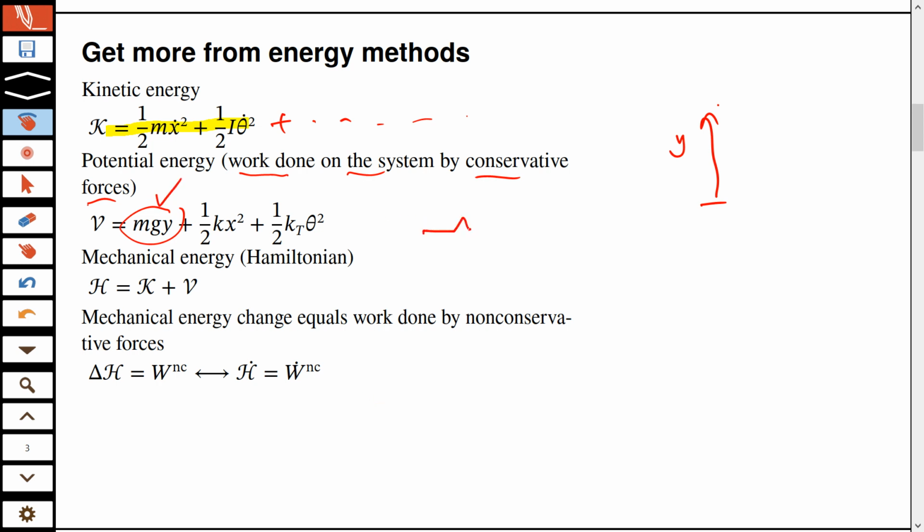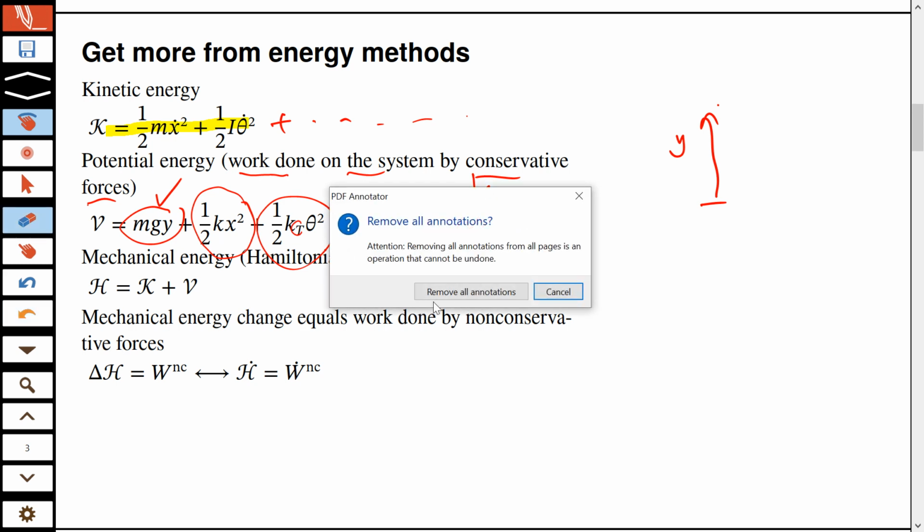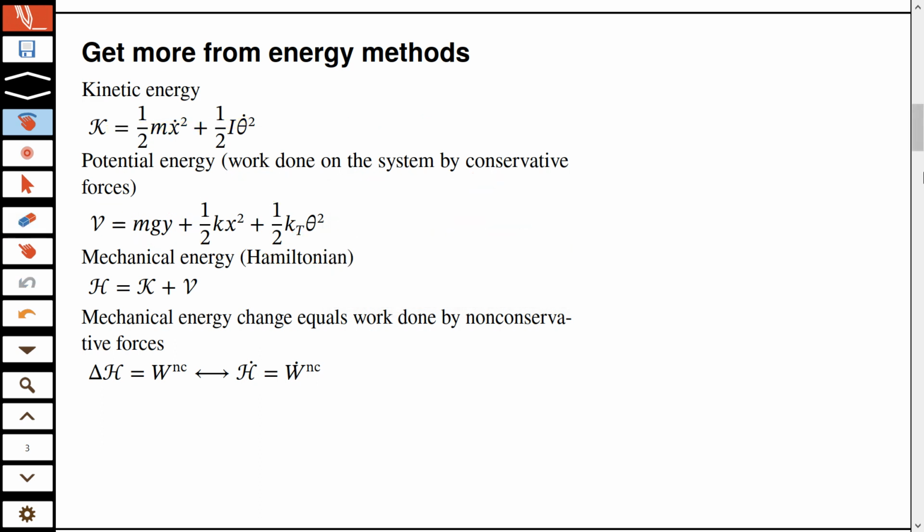Similarly, a spring with constant k, stiffness. The elastic potential energy takes this form, and if it is rotational, then you just have this T as a subscript. And you can have similarly many examples. So this is not new for you.